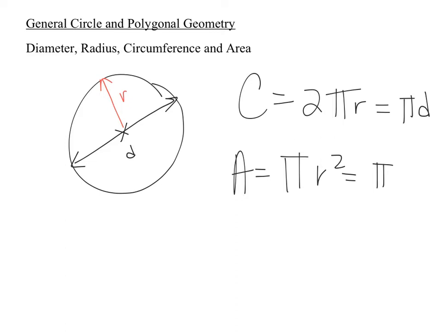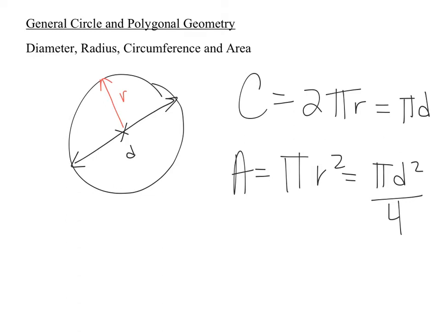There it is, pi d squared over 4. Because you're going to put d over 2 in for r right here, and then when you square d, it's d squared, and you square the 2 in the denominator, it becomes a 4. Either formula works. Good so far? Yeah. Okay.